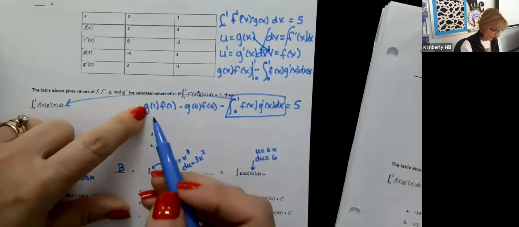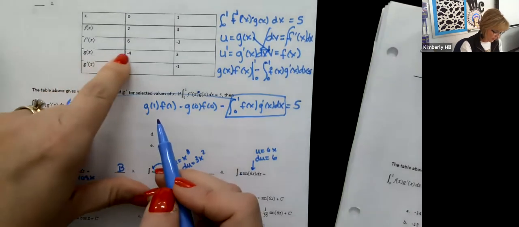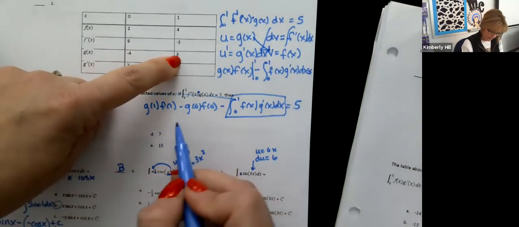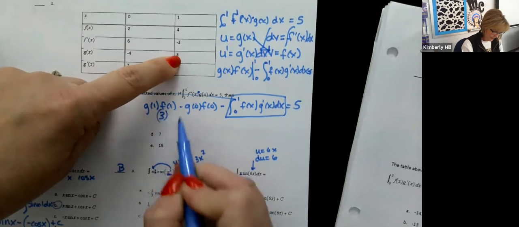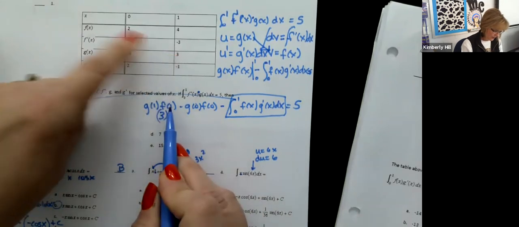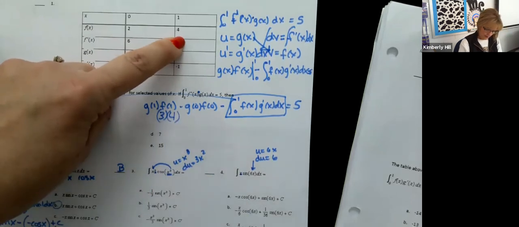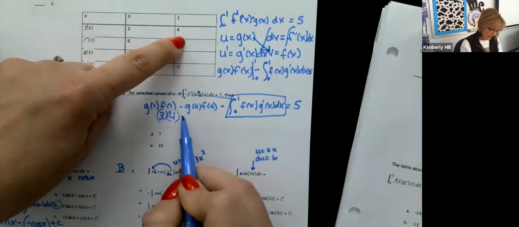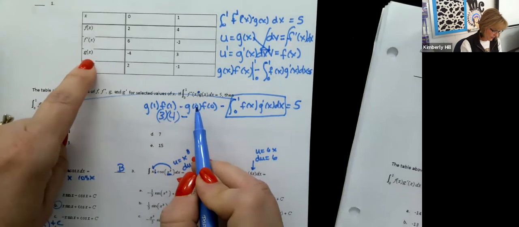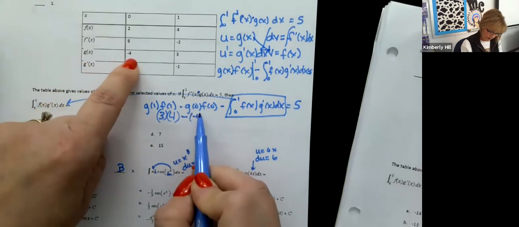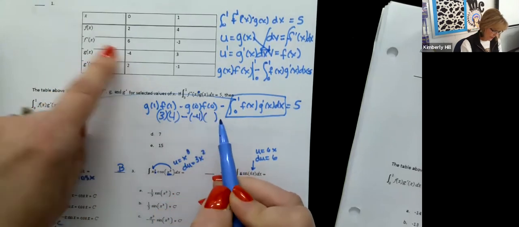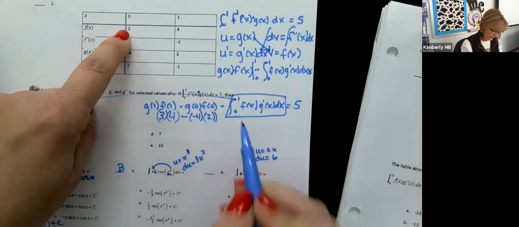I just need to figure out what these numbers are and get this by itself. G of 1, I can find in my chart. G of 1 is 3. F of 1 is 4. Minus g of 0 is negative 4. F of 0 is 2.